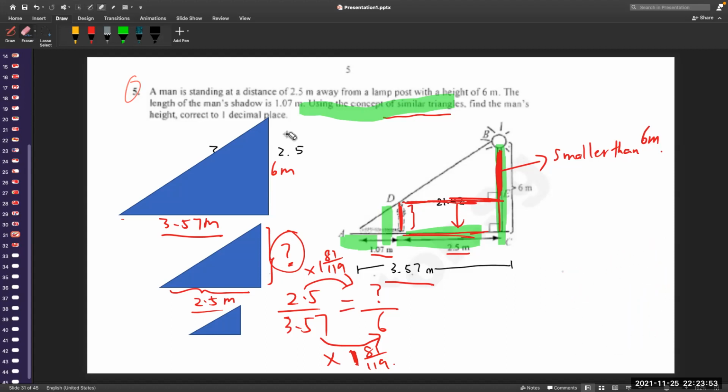Give me a mixed number. 3 and 57 over 100. Very good. So the question mark is 3 and 57 over 100.